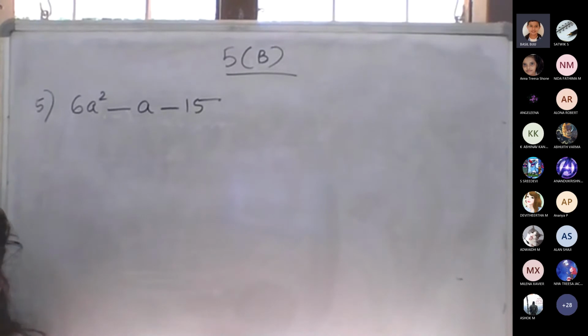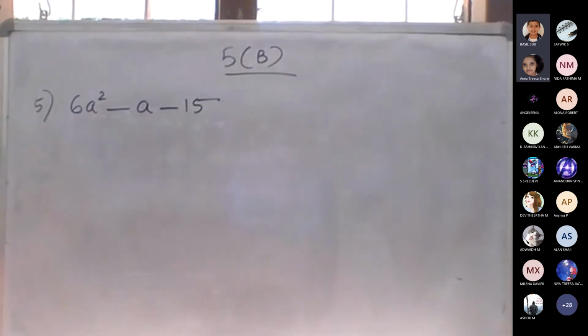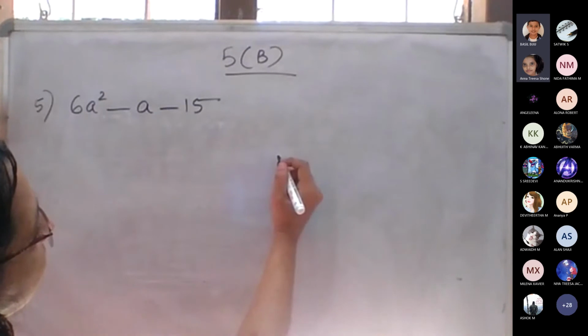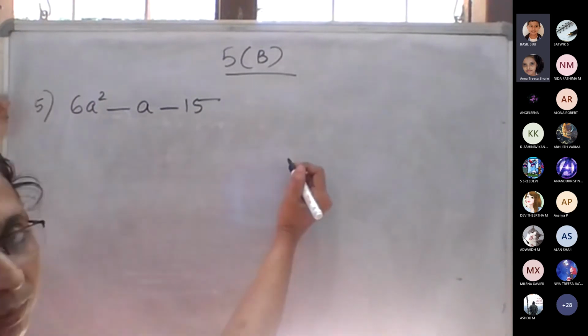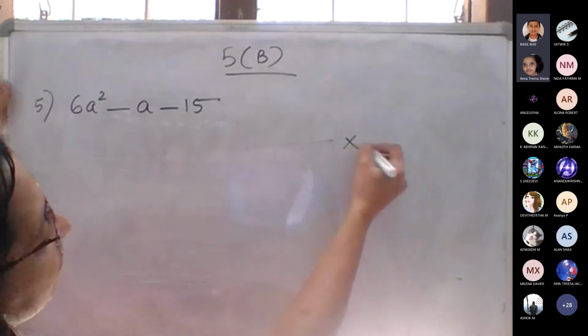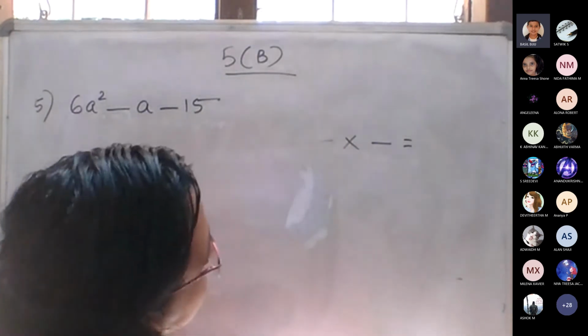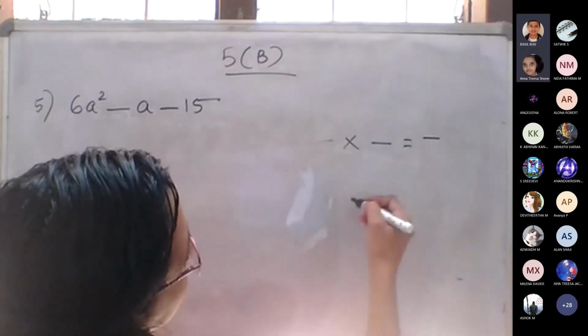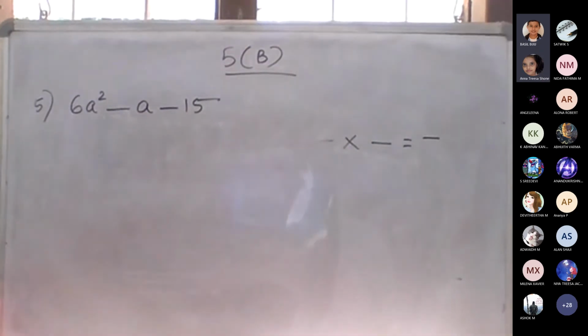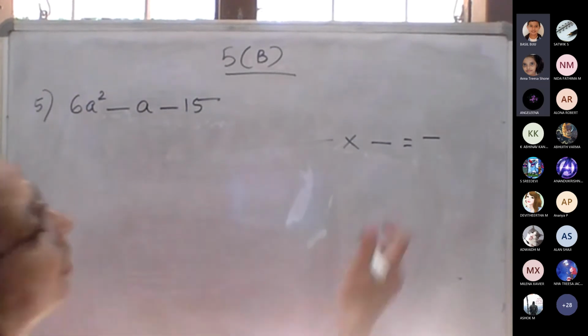Completed. Now come on, explain. Dash into dash is equal to negative 90.